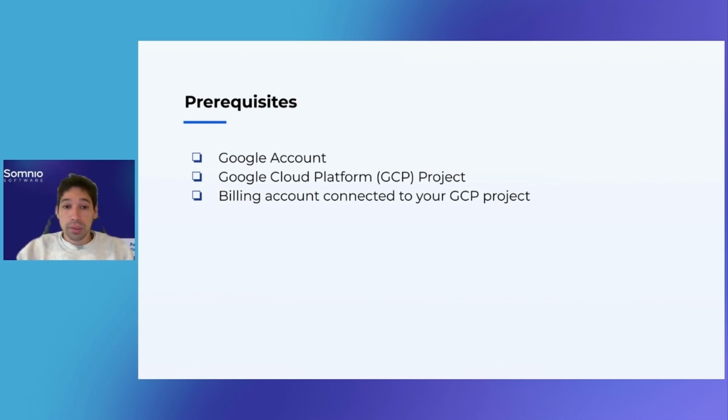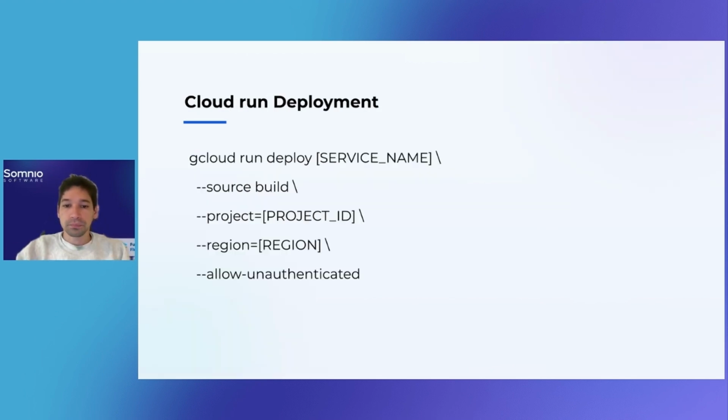So the prerequisites are only a few steps. You have to have your Google account. Then you need to create a Google Cloud Platform, a GCP project. And then you have to have your billing account connected to your GCP project, because it's a paid feature. Once you have everything set up, if you have gcloud installed in your machine, you only need to run this command, gcloud run deploy.